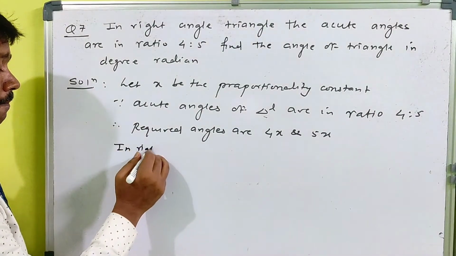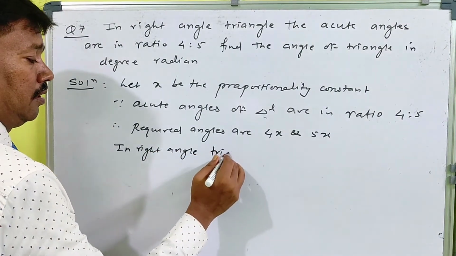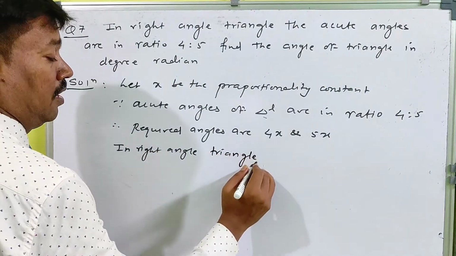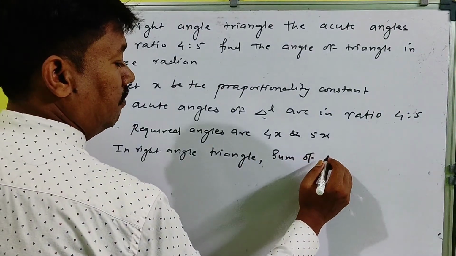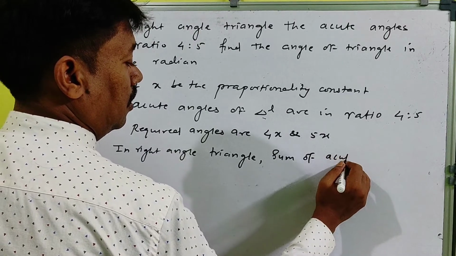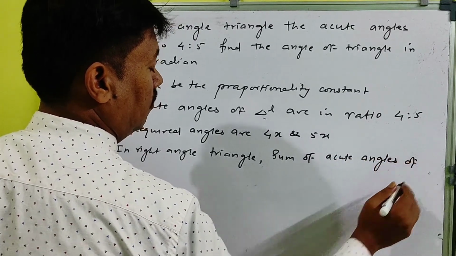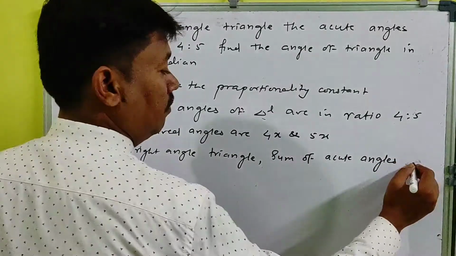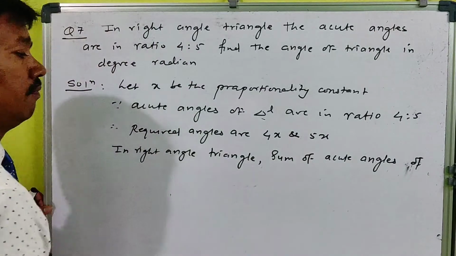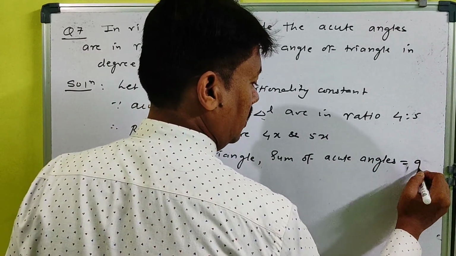Now we discuss the property in a right angle triangle. In a right angle triangle, the sum of acute angles is equal to 90 degrees.